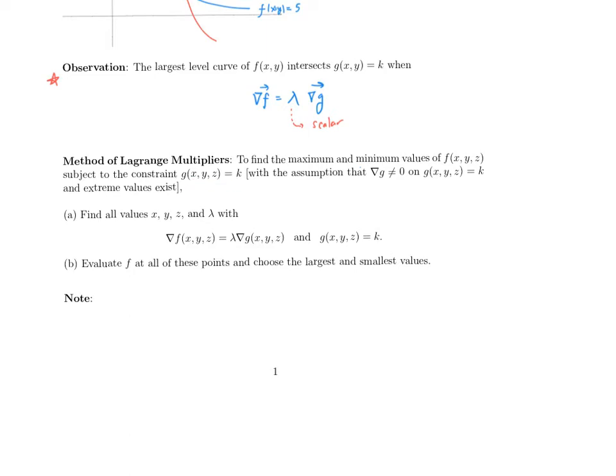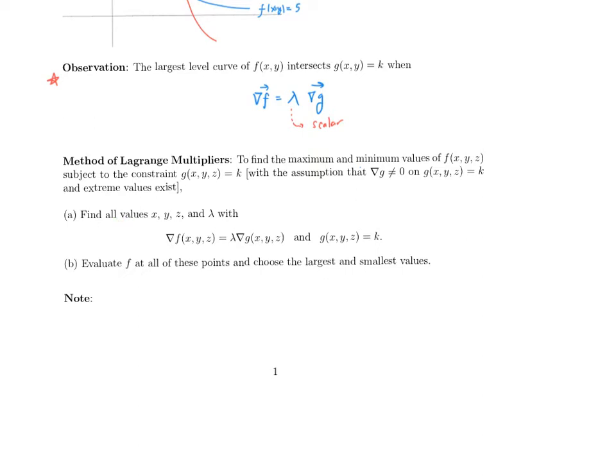And remember, that might be maximize or minimize the volume of a box relative to how much surface area we can use. There are some assumptions here we won't worry about, but to procedurally use the method of Lagrange multipliers, we follow a 2-step process with the work taking place in this first step.